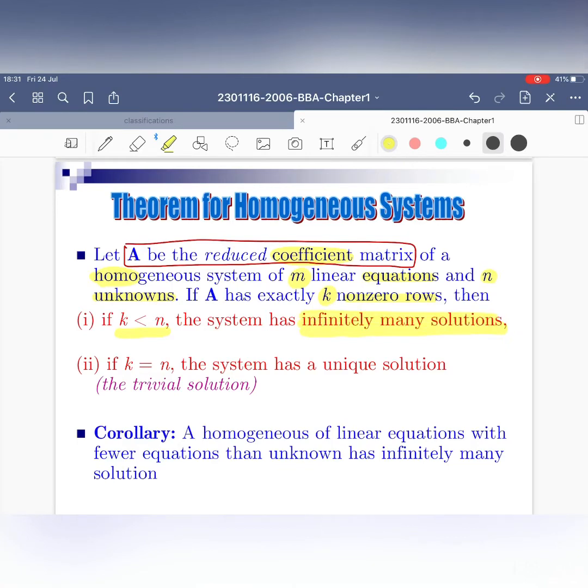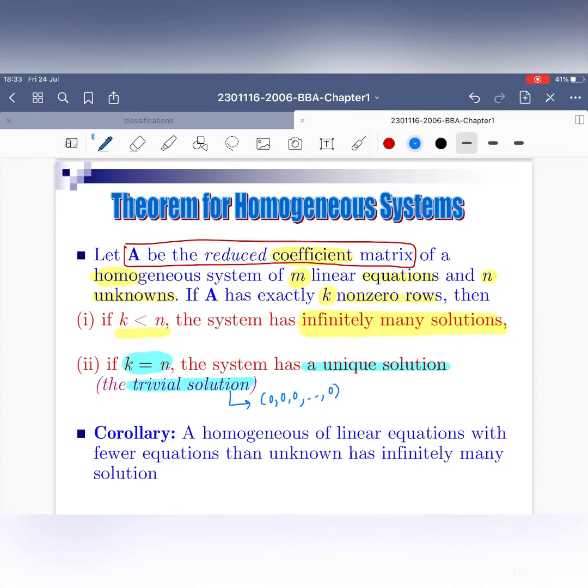But if k is exactly the same as n, then the system has a unique solution, and that unique solution, of course, must be the trivial solution. Each and everything is 0.